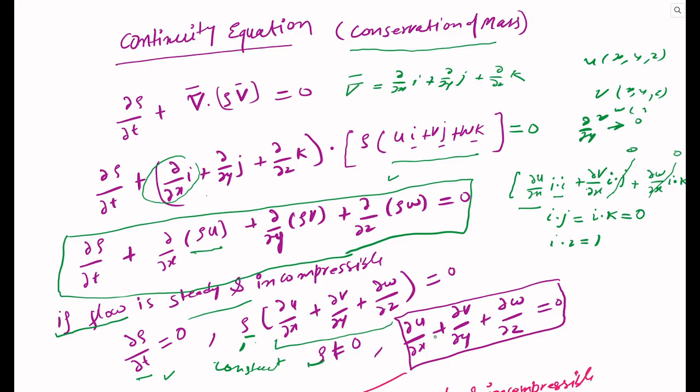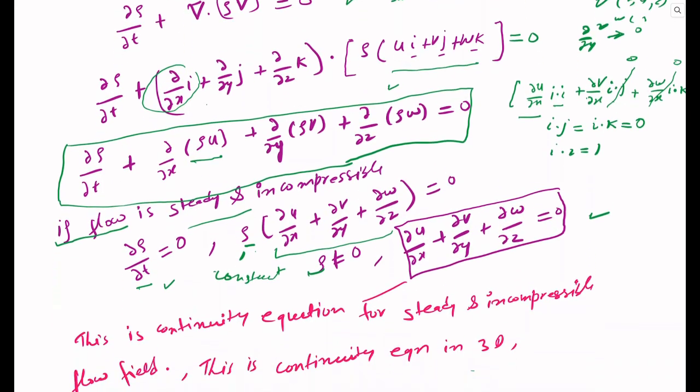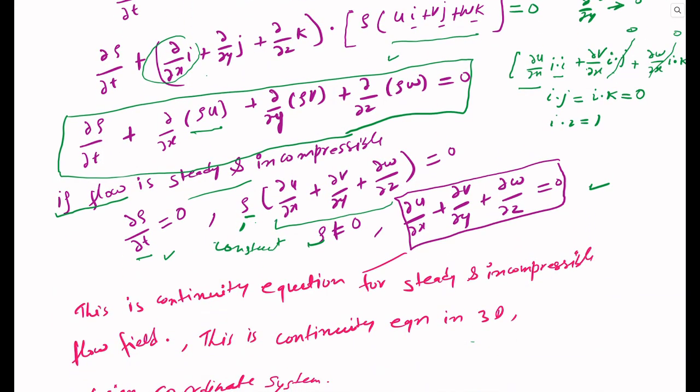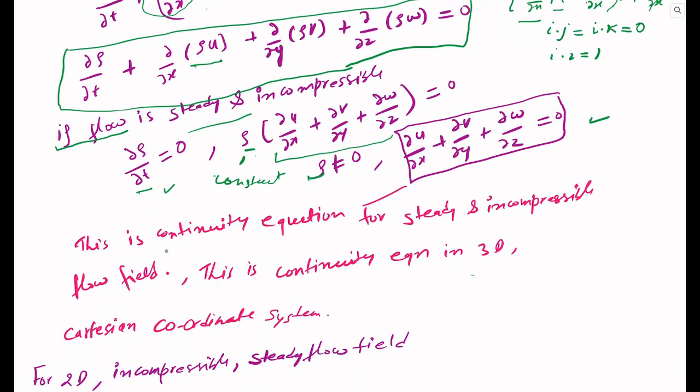So del u by del x plus del v by del y plus del w by del z equals 0. This is the continuity equation for a steady and incompressible flow field.